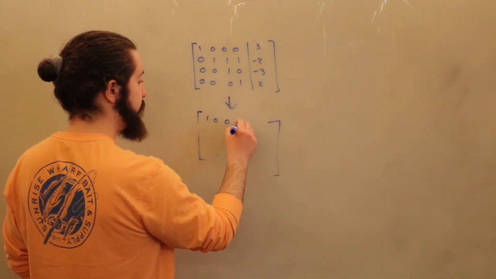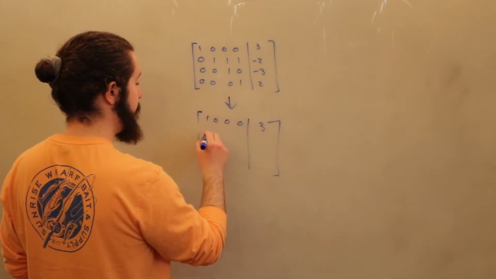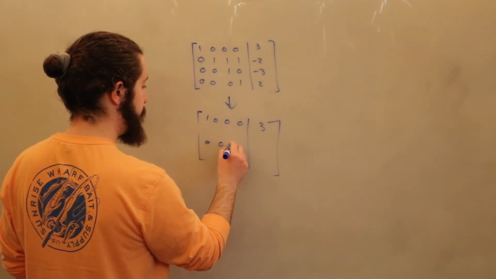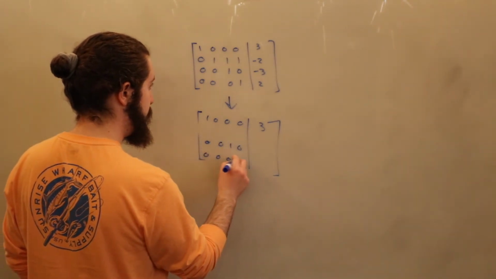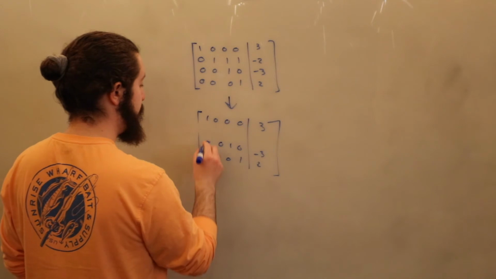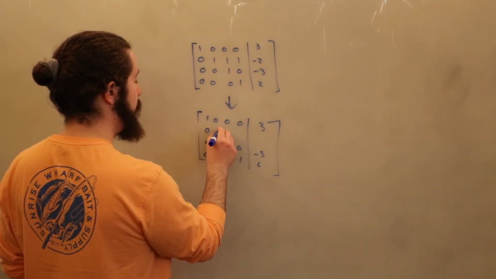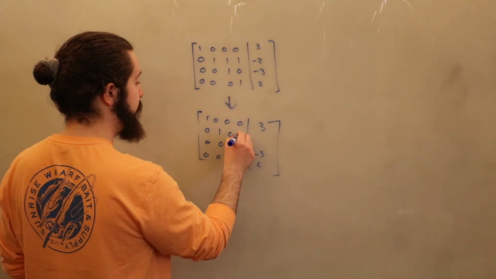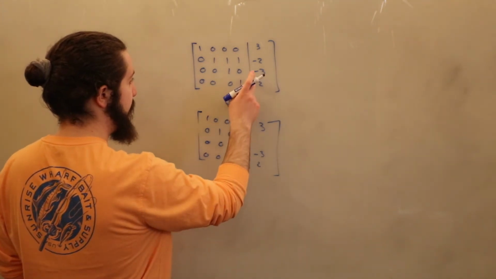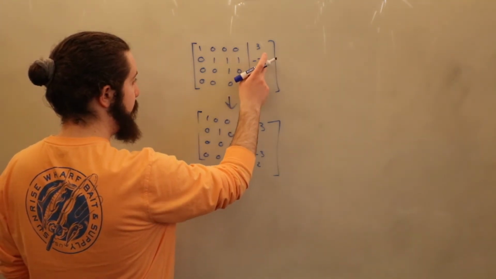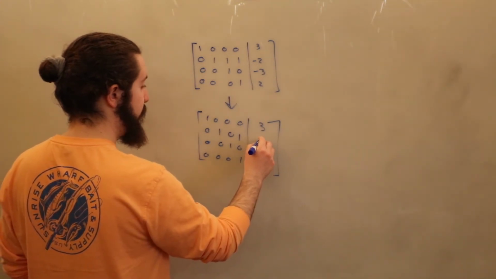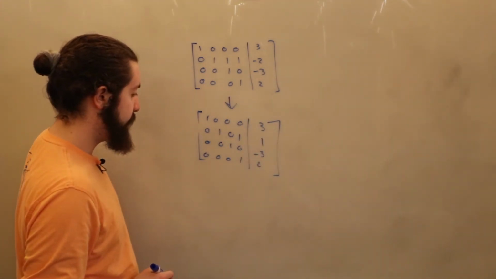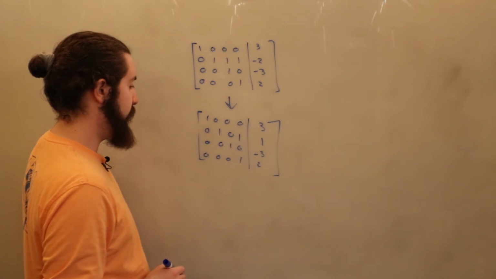So 1, 0, 0, 0, 3. So that will be 0, 1. That'll be a 0 now. That will still be a 1. And positive 3 plus negative 2 is going to be just a 1. All right, we're almost there.